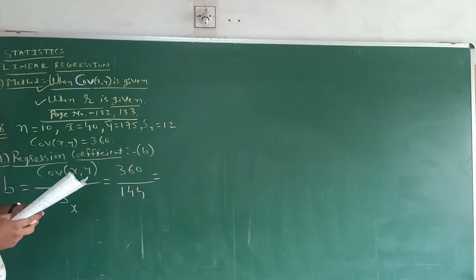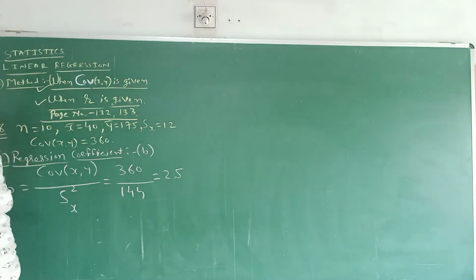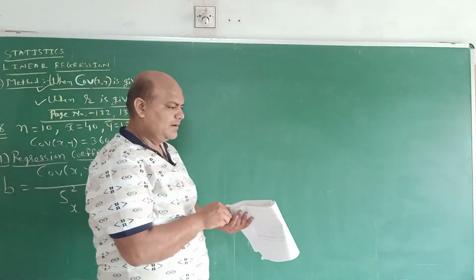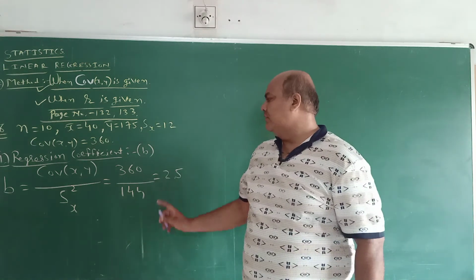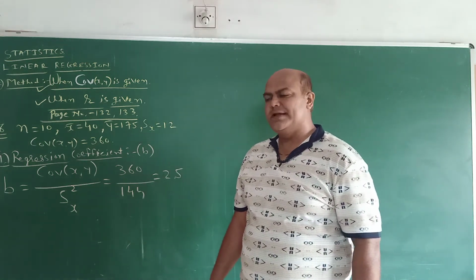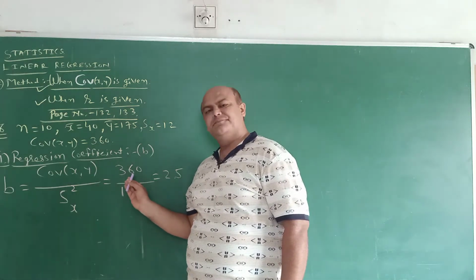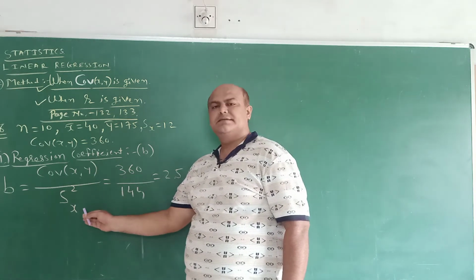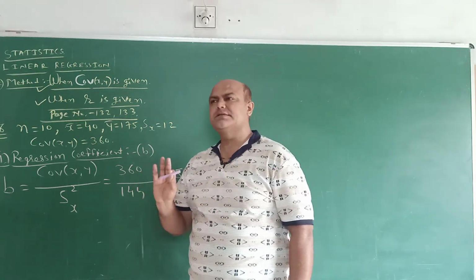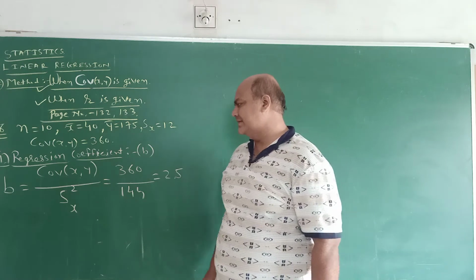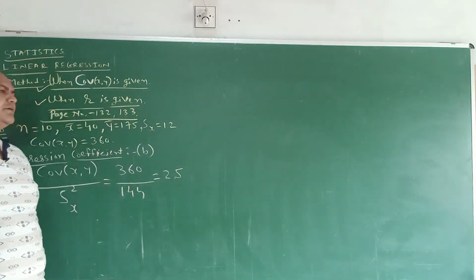So 360 divided by 144, b is 2.5. First step is clear. Regression coefficient, that is b, 2.5. It is very simple. Covariance xy is provided ready. Sx is given. We find Sx square by just squaring Sx. First step is ready. Second step is constant.